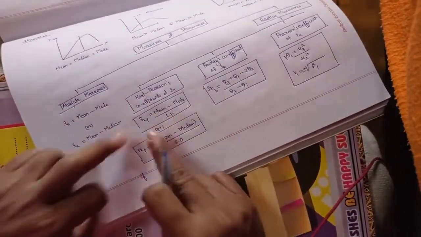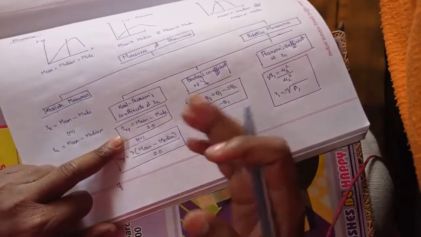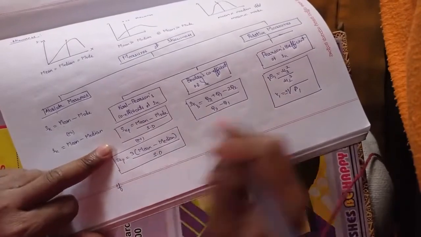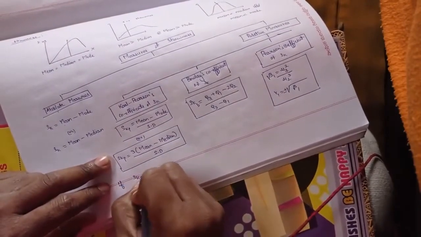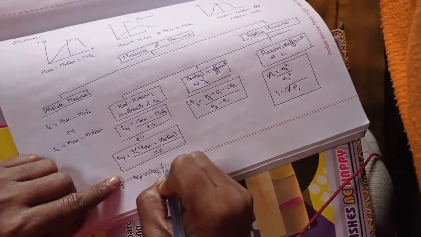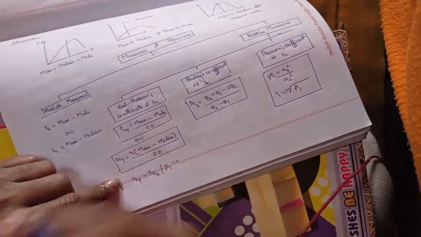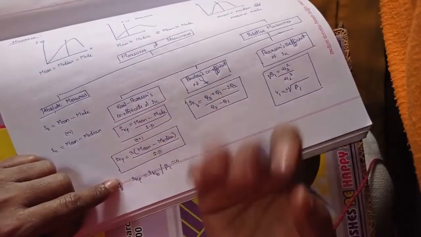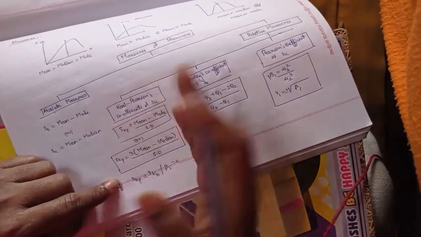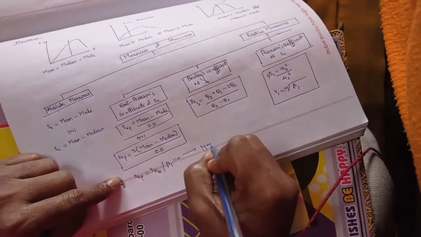If SKP or SKB are equal to 0 and beta 1 equal to 0, we say that the frequency distribution is symmetric, that is, it is in two equal parts, symmetric in nature.